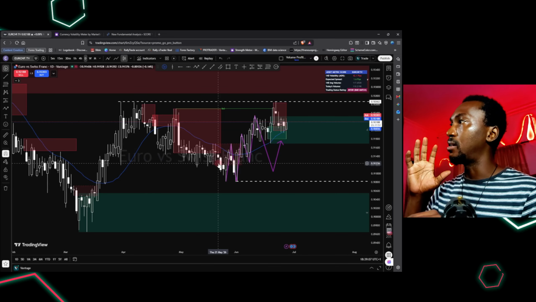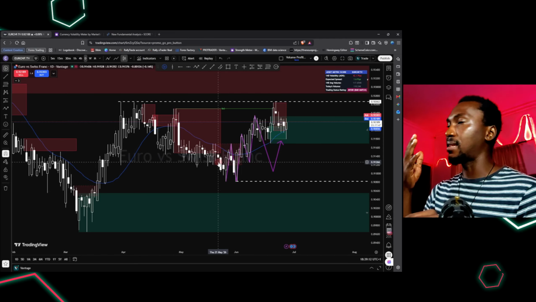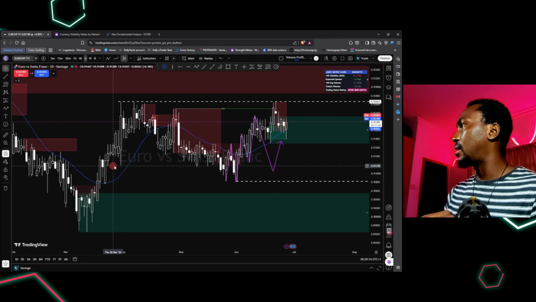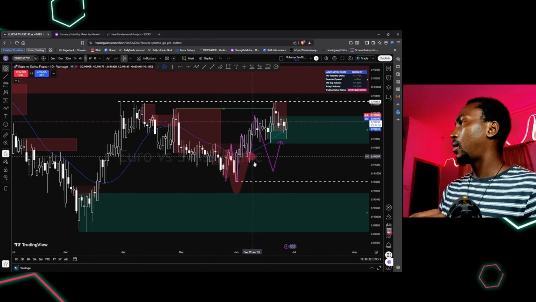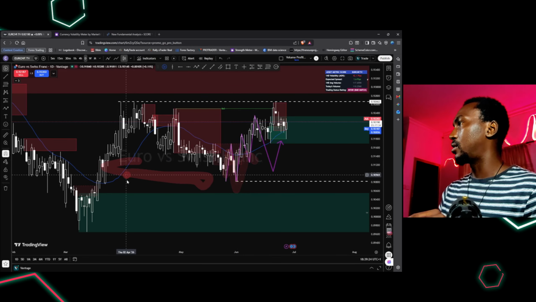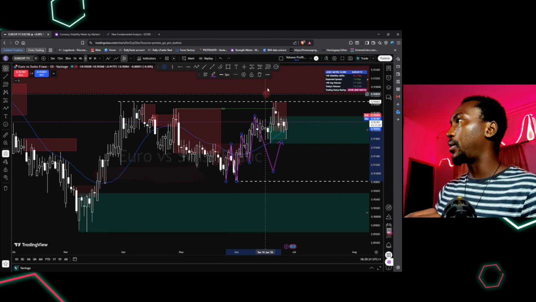This is like a C setup in my opinion, because if it had that daily demand zone down here, but it didn't have this structure, then it's a B setup for me. But now it has the entire setup, but it doesn't have the demand zone hanging directly onto it. So therefore, this setup is not going to work in my opinion.